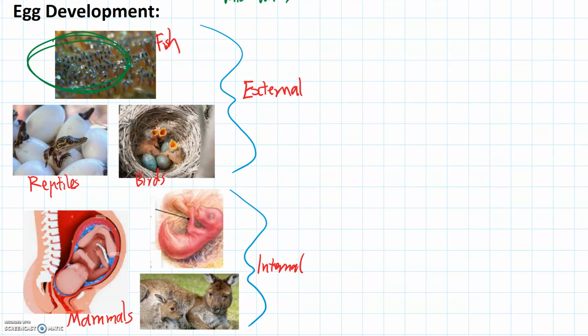In marsupials, which are another type of animal that we've got in Australia, which are mammals, the egg is born quite early, but it still develops inside the pouch until it's old enough to come out of the pouch and be ready to walk around. So we call those internal development because the baby develops inside the mum. Okay, so that's the overview of how sexual reproduction works in animals.